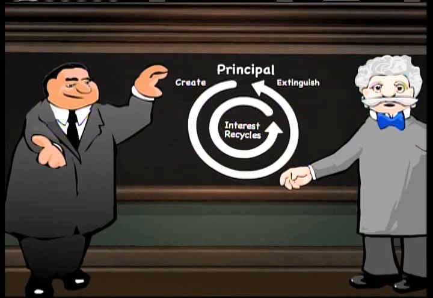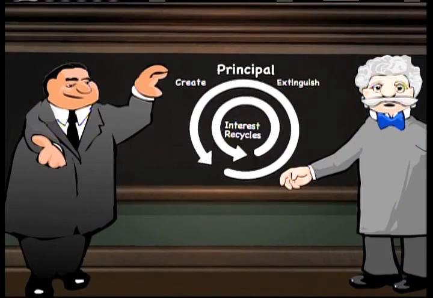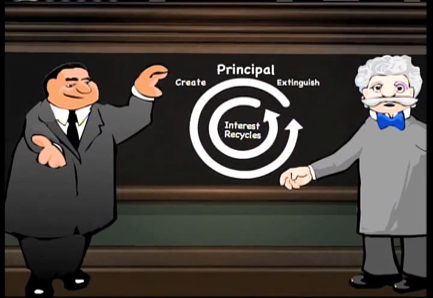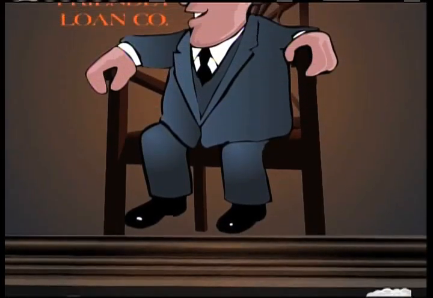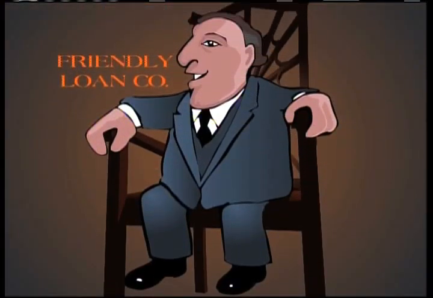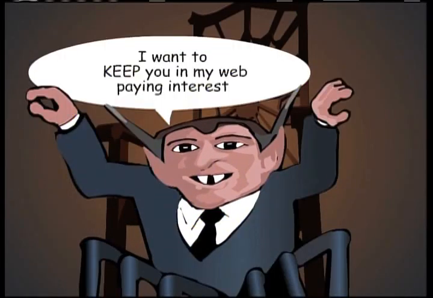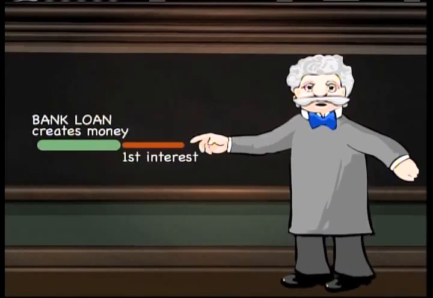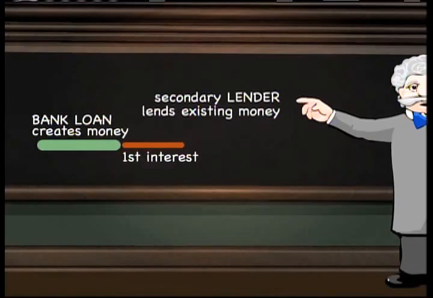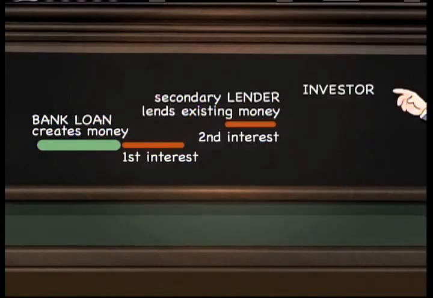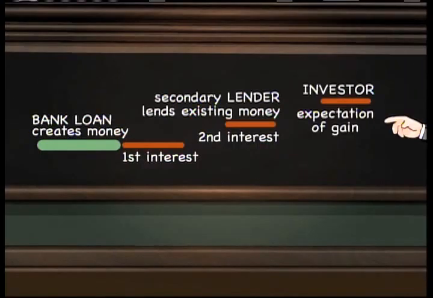However, with an understanding of flow, we see that there's no intractable arithmetic problem with the charging of interest. The problem is a social and systemic one. Lenders have neither obligation nor incentive to spend all their interest income so that the borrowers can earn it again and again. In fact, money lent once into existence is lent as existing money a second and a third time in expectation of more gain.